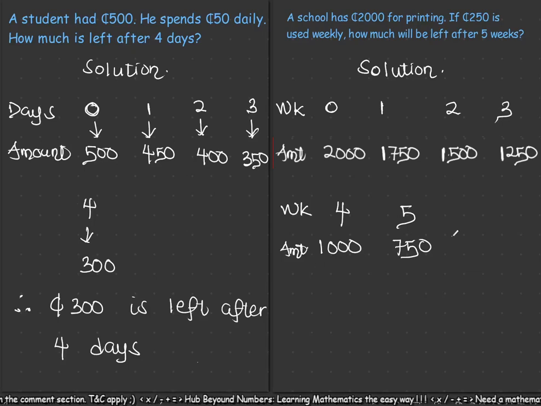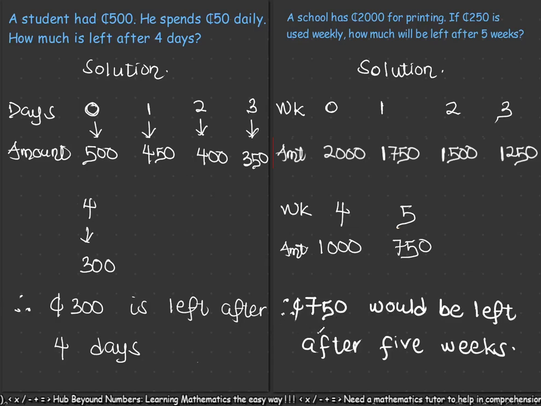We do that again and then we have what? 1,250. The next one gives us a 1,000. Then on the 5th week, we subtract what? Another 250, and that leaves us with a 750. So we conclude that what? 750 would be left after 5 weeks.